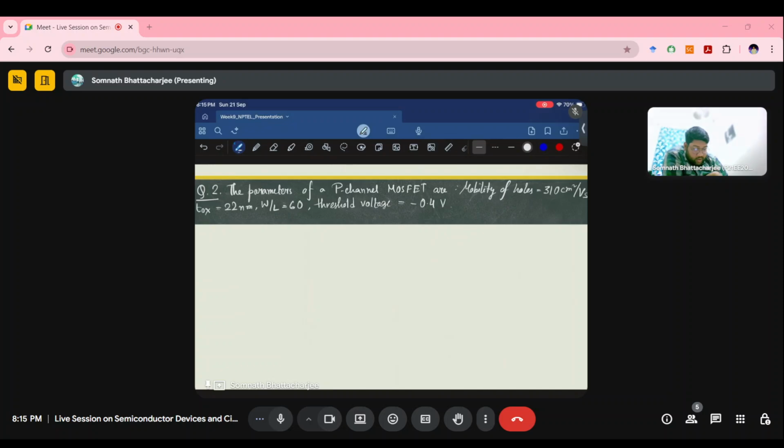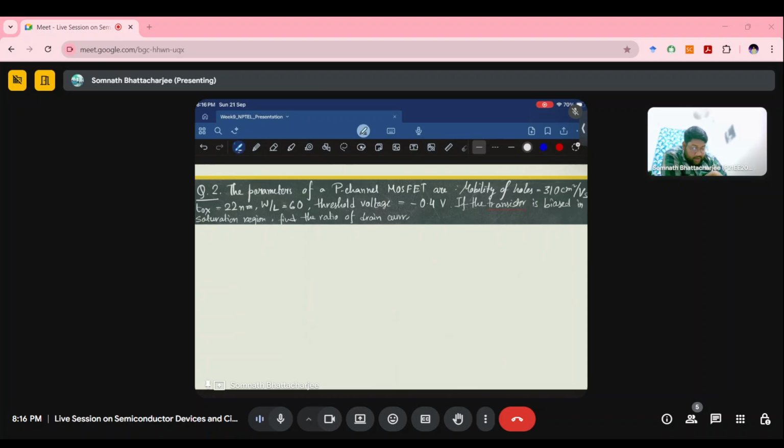Now, if the transistor is biased in the saturation region, find the ratio of drain currents.